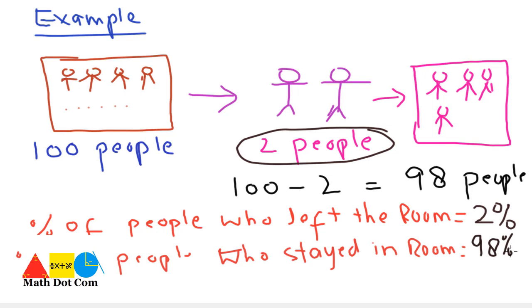Currently we are just discussing 100 people, but percentage can also be used where the number is more than 100. We will see it in the next example. Let's take another example, a very easy one to get the concept of percentage.